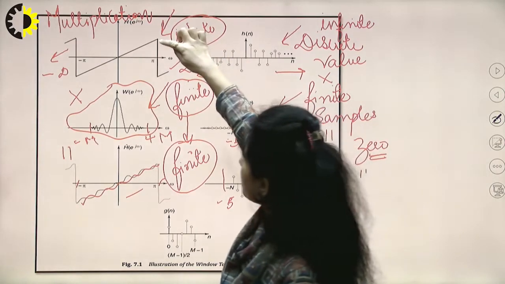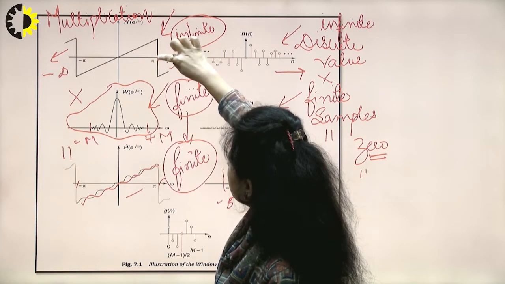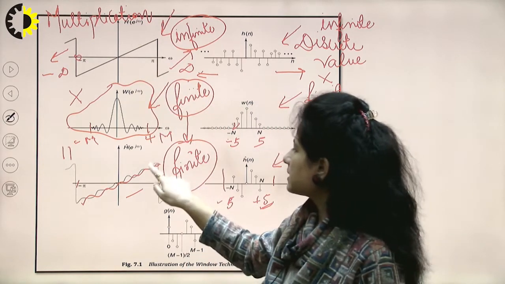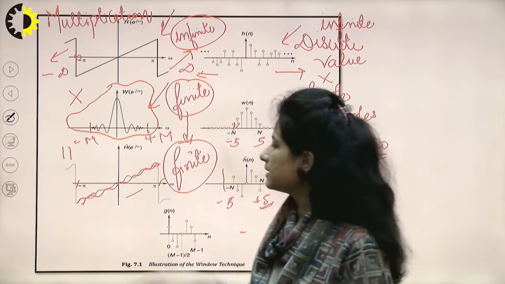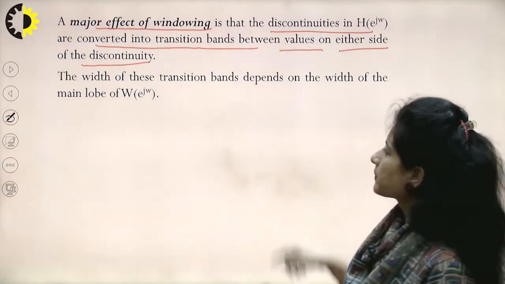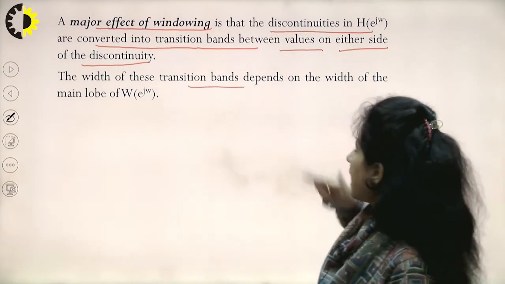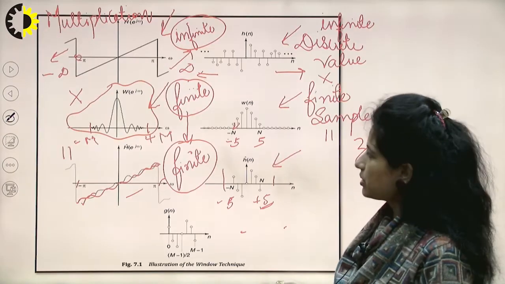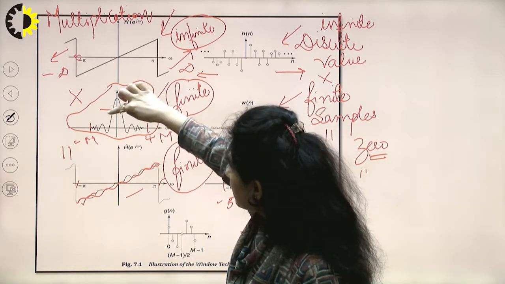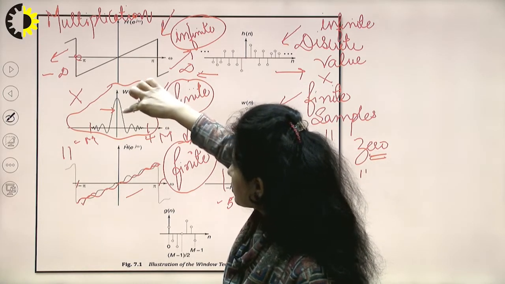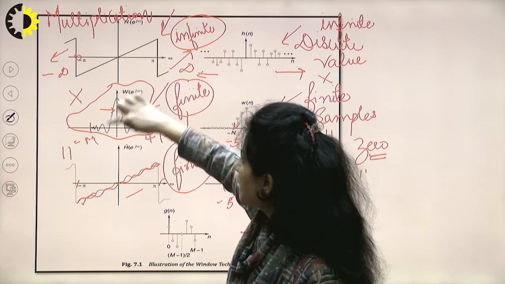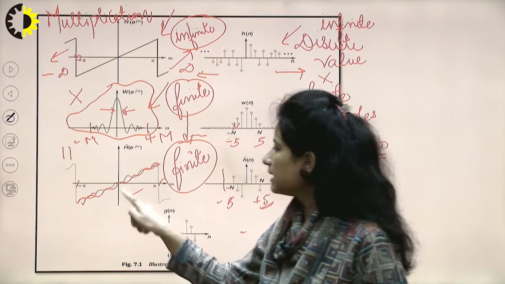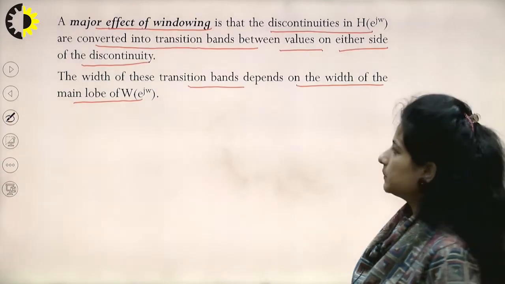This is a point of discontinuity here. This is another point of discontinuity here, and we would get certain kind of oscillations near these discontinuities. The width of this transition band depends upon the width of the main lobe of this window function W. This is my main lobe of the window function. So how broad this main lobe is is going to affect this transition band in the obtained signal.